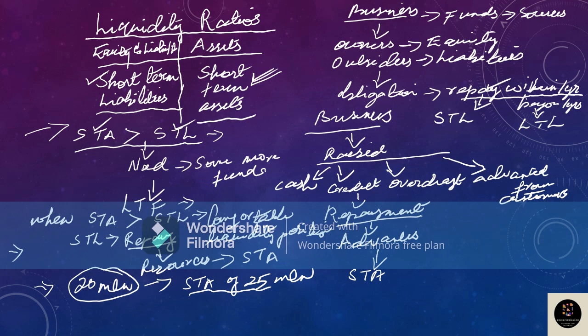Using these 25 million, you have to repay this 20 million. So these short-term assets are greater than short-term liabilities, exactly as we've already pointed out here.